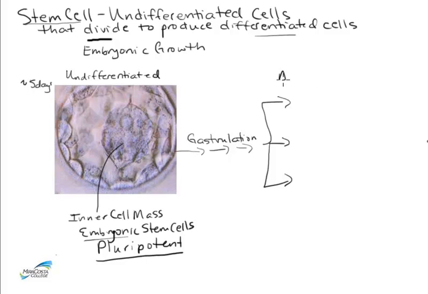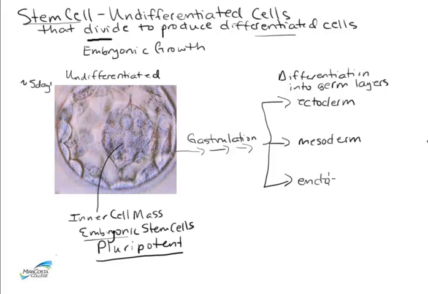So we see differentiation occur into one of 3 primitive tissue types, either ectoderm, mesoderm, or endoderm. So within about 2 weeks following fertilization, those cells have already differentiated and become specified to a particular tissue type.